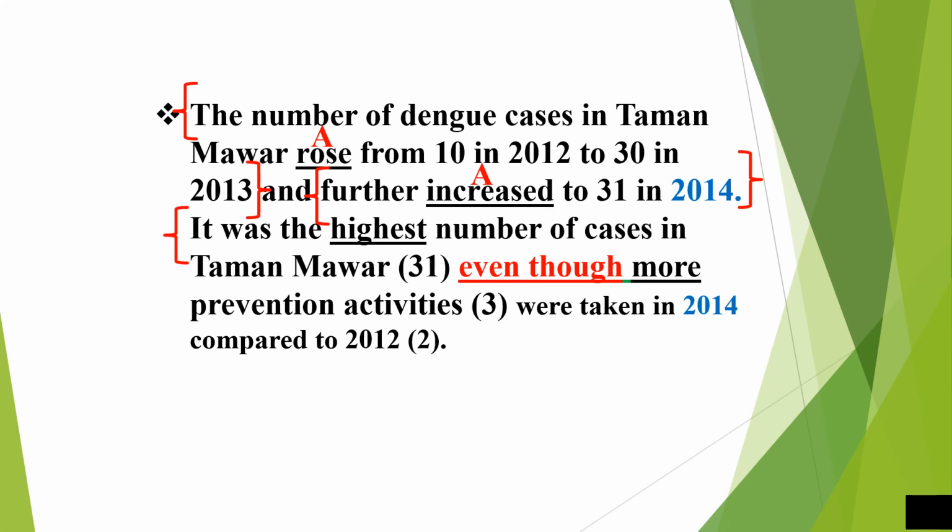And the next part of the information given, you can see the trend word given here, highest. There is 1 analysis there for the number of cases, even though, this is a linker, link to more prevention activities, 3, in 2014 compared to 2012, 2.